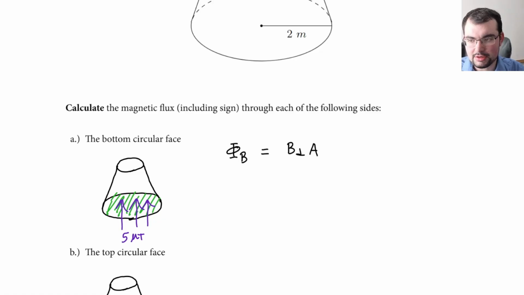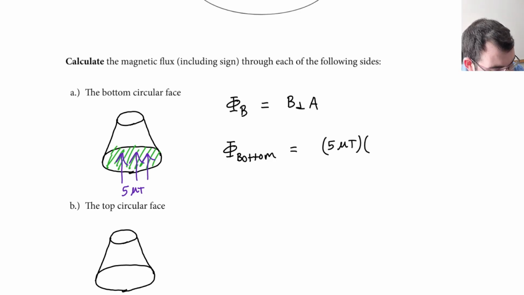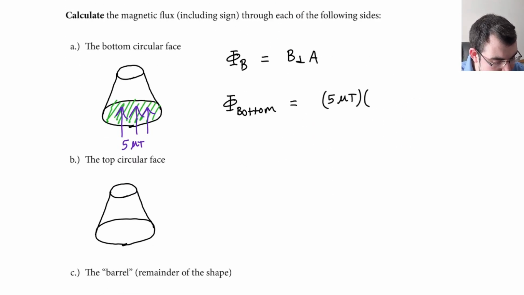So we can just easily calculate that phi through the bottom is equal to the 5 microtesla times the area of the bottom face. And this is 2 meters. Wow, this is a giant cup. This is 2 meters. So the area of that would be pi times 2 squared square meters.